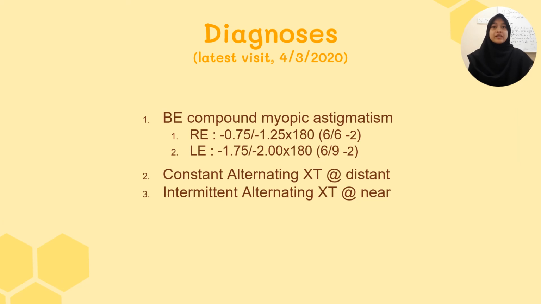So based on the findings, this patient is diagnosed with both eye compound myopic astigmatism, as the right eye got minus 0.75, cyl minus 1.25, axis 180 with vision 6/6 minus 2, and the left eye minus 1.75, cyl minus 2, axis 180 with vision 6/9 minus 2. Next, this patient has constant alternating exotropia at distance and intermittent alternating exotropia at near. So for the management of this patient, I will pass to my friend Izati.